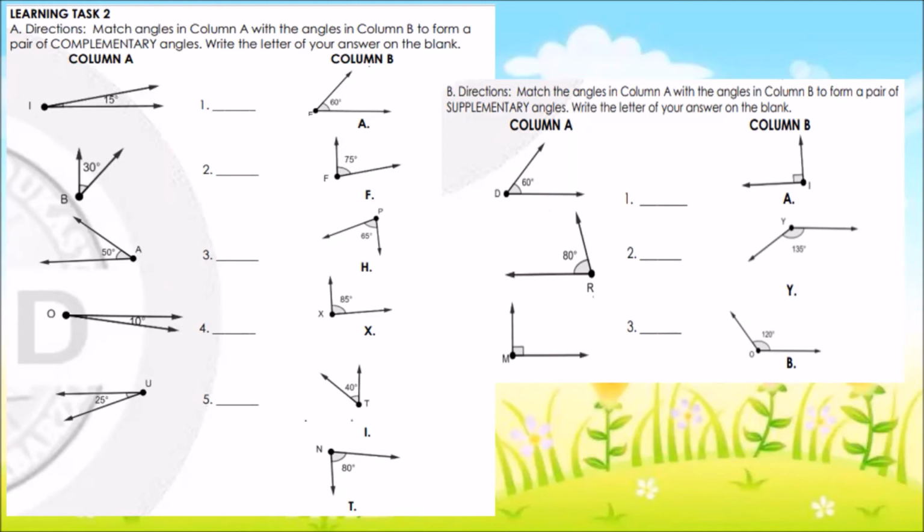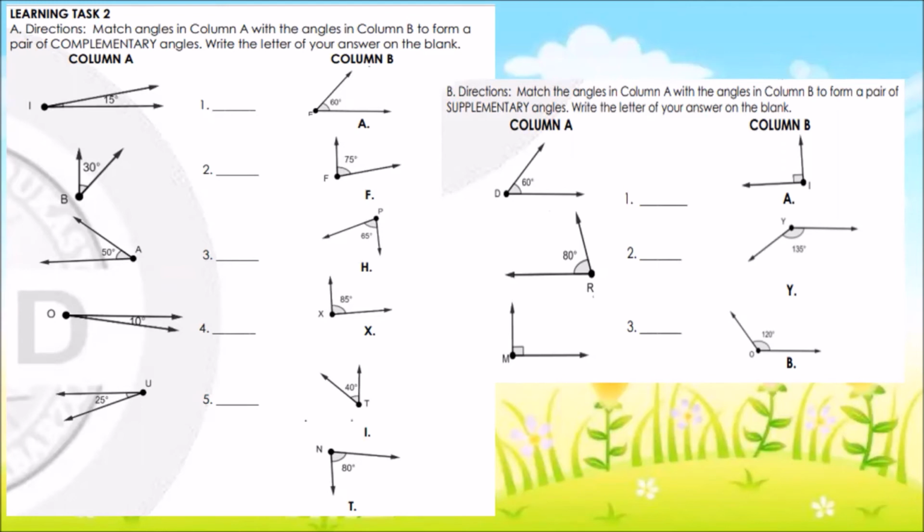Here, when we say complementary, the sum of the two angles is 90 degrees. So 90 minus the given, and find the answer in column B. And for letter B, supplementary naman. We have learned that the sum of two angles being 180 degrees is supplementary.